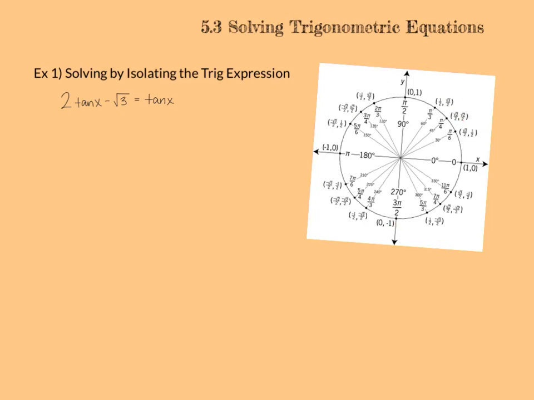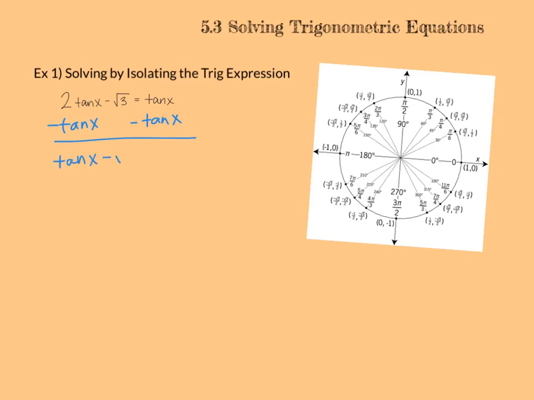So we first want to get tangent by itself. The way we're going to do that is I'm going to subtract tangent from both sides. When we do that, we had 2 tangents minus 1 tangent, so we are down to 1 tangent of x.